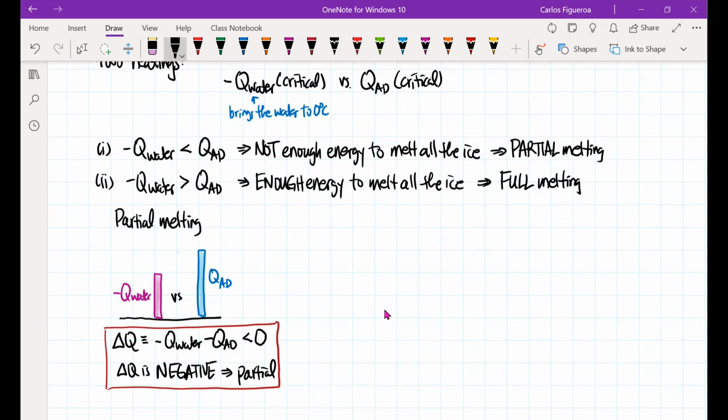Now, if I have full melting, then the opposite occurs. And what I mean by that is that the heat of the water is larger than QAD.